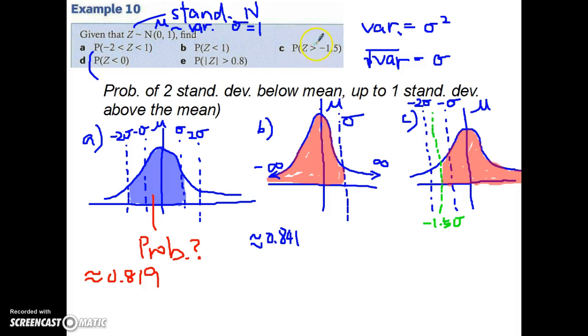They want us to find the probability of having more than negative 1.5 standard deviations. Negative 1.5 is going to be between them. And since this is greater than, I'm talking about the right-hand side. So we're trying to find the area of this bell curve on the right of this green line.